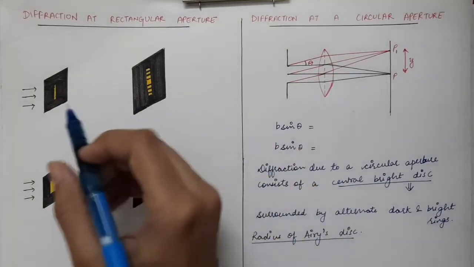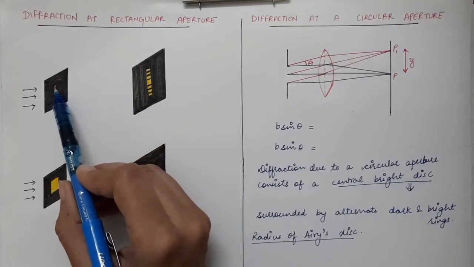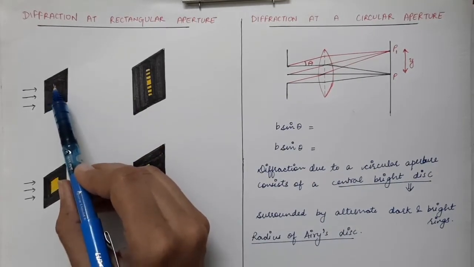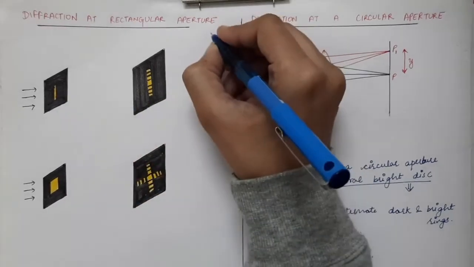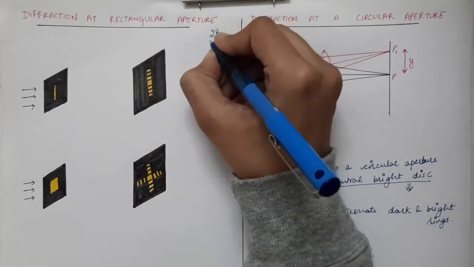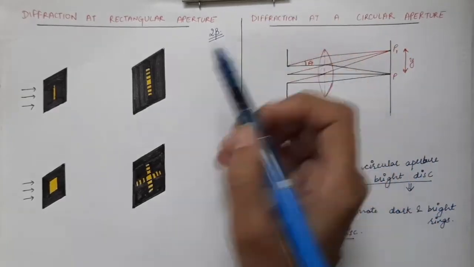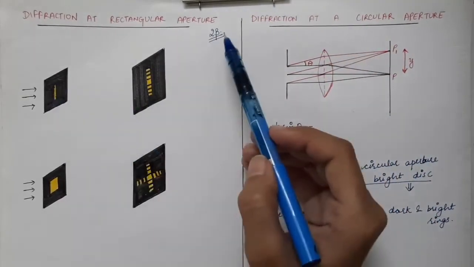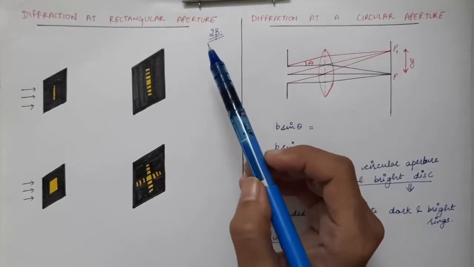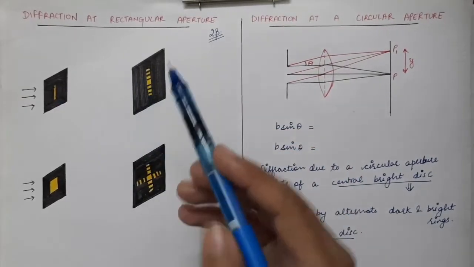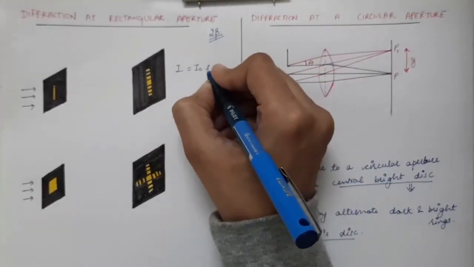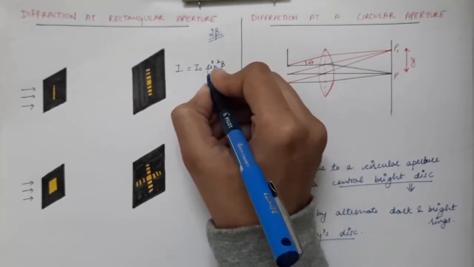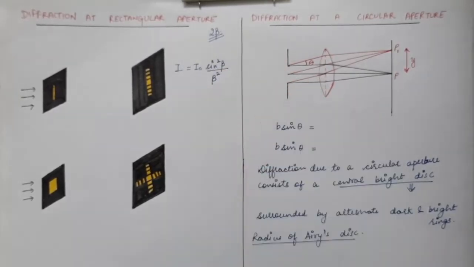In this case, the light rays coming out of the two ends of the slit, if they had a phase difference of twice beta, gave an intensity on the screen equal to I0 into sine square beta divided by beta square.